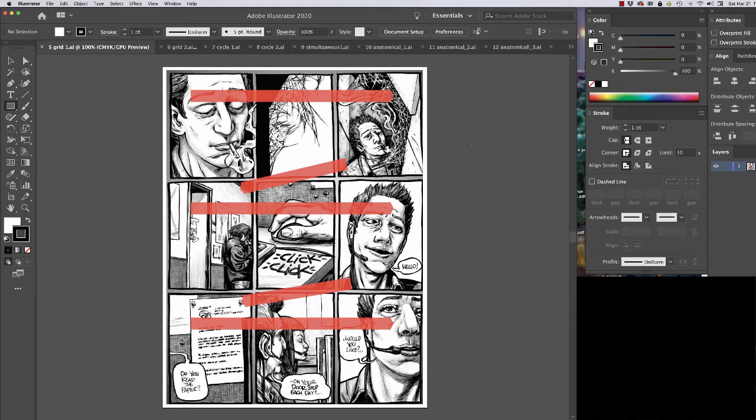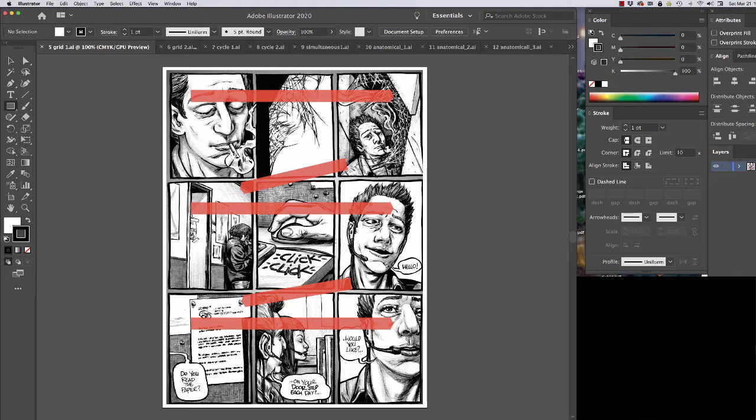Now, this comic strip illustrates how readers typically read these kinds of multi-panel illustrations, where assuming that you have a uniform grid like this, where we have, in this case, 9 boxes that are all identical in size and shape, and they're all organized in a nice clear grid pattern, the eye is most likely to read it from left to right across the top, and then skip down to the second row and read that from left to right, skip down to the third row and read that left to right.